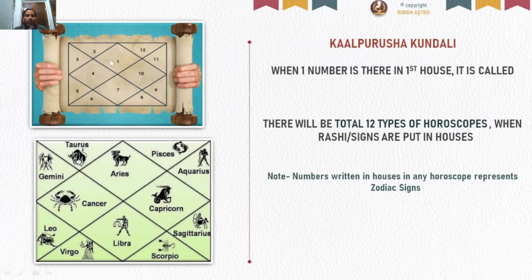That's why when the first house has the Mesha sign or Aries sign, the second house will have the Taurus sign, the third house will have the Gemini sign, and so on. A horoscope is made which is known as Kalpurusha Kundli, right? So these numbers are representing the zodiac signs here, and this is how Kalpurusha Kundli is made.